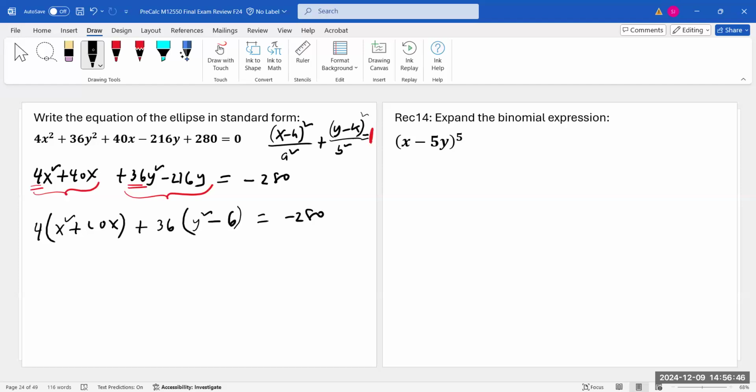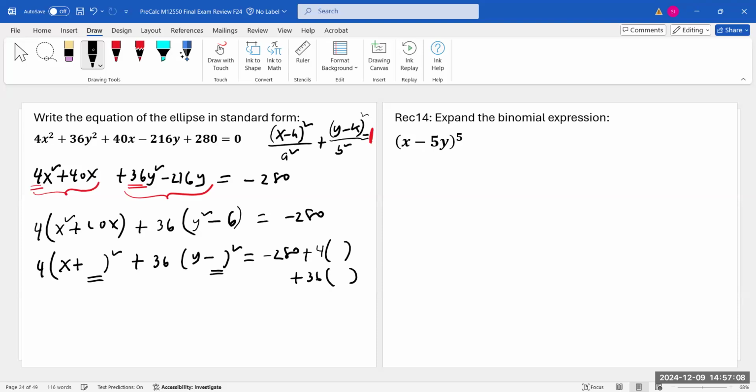Now, to complete the square, we have 4 times (x plus something) squared, plus 36 times (y minus something) squared, equals negative 280 plus 4 times whatever we are going to add here, plus 36 times what we are going to add there. So what goes inside is half of that amount, which is 5, and we add that square on the other side.